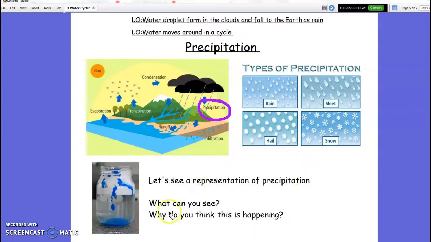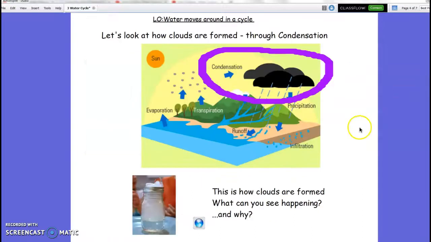I've done a couple of little experiments that I'd like you guys to try at home. The first one is looking at precipitation. The second one is looking at how clouds are formed because of evaporation and then condensation. So we're going to watch the video of me showing you these two experiments.